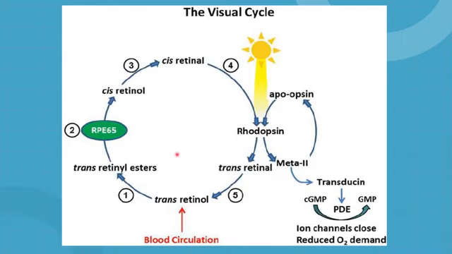This is the actual visual cycle, and rhodopsin, you can see here, will be producing the meta rhodopsin 2, which is helpful in the actual transduction mechanism by producing the transducin. And this is again converted to opsin, apoopsin, and when apoopsin is combined with aldehyde 11-cis retinol, it will be producing rhodopsin.